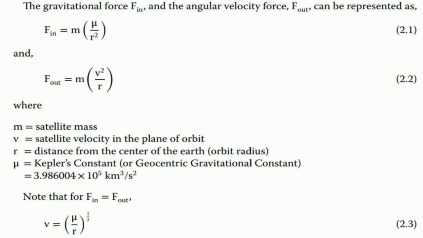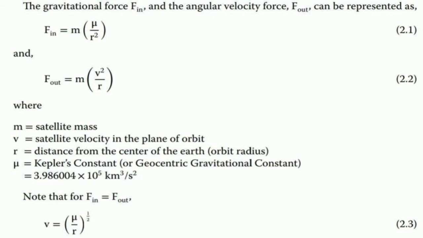Mu is equal to Kepler's constant or geocentric gravitational constant, that is equal to 3.986 into 10 to the power 5 kilometer cube per second square.